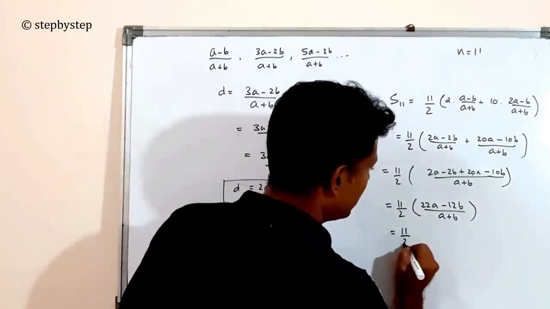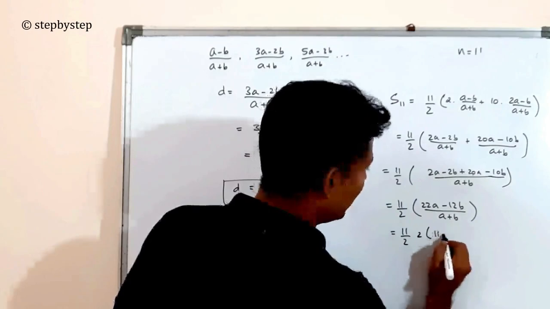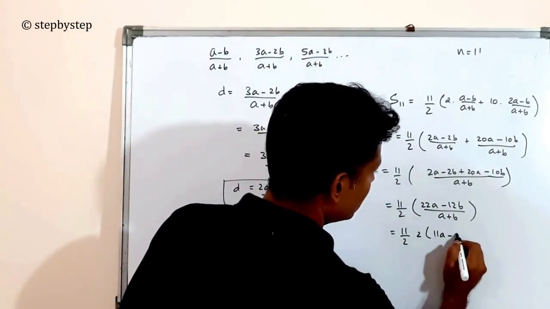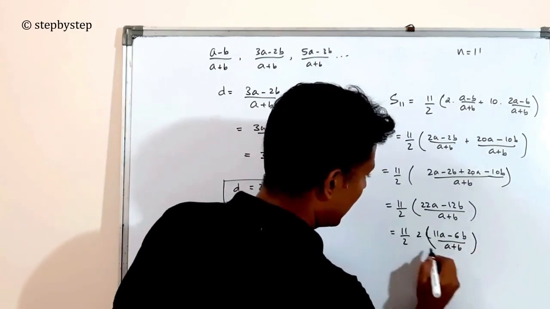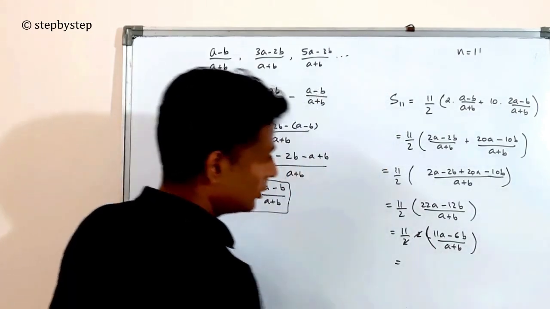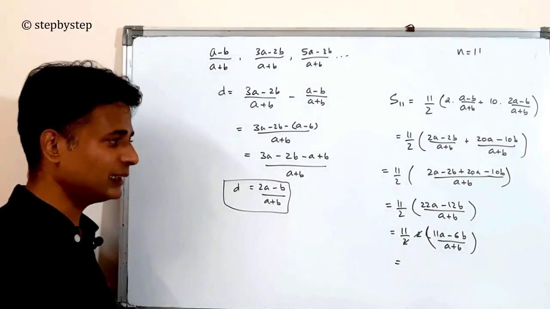So I get 11 by 2. I can take 2 common. So what do I get? 11a minus 6b by a plus b. In brackets 2 and 2 cancel. So I get 11 into 11a minus 6b by a plus b.